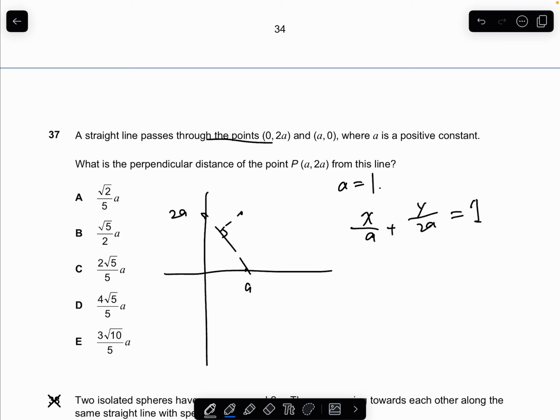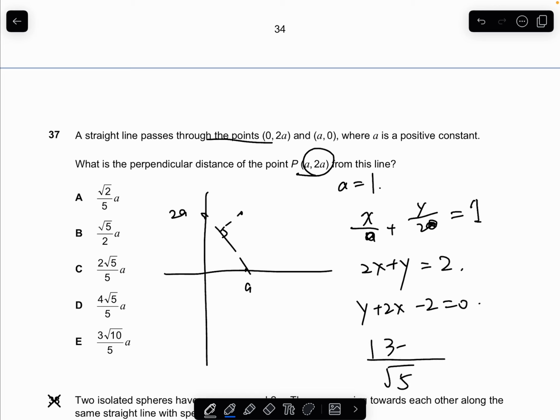Yes, times 2a, and we ask about the this, so 1, 2.